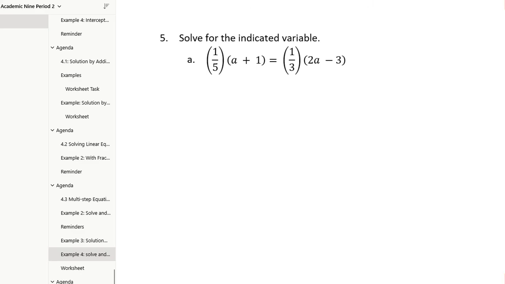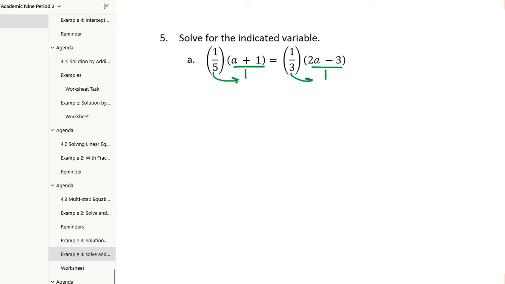So in this case, what I'll suggest you do is, since everything is 1 over something, it means that this variable here is over 1, and this variable here is over 1, which means that if you're multiplying something that is a fraction by something over 1, they share that denominator.